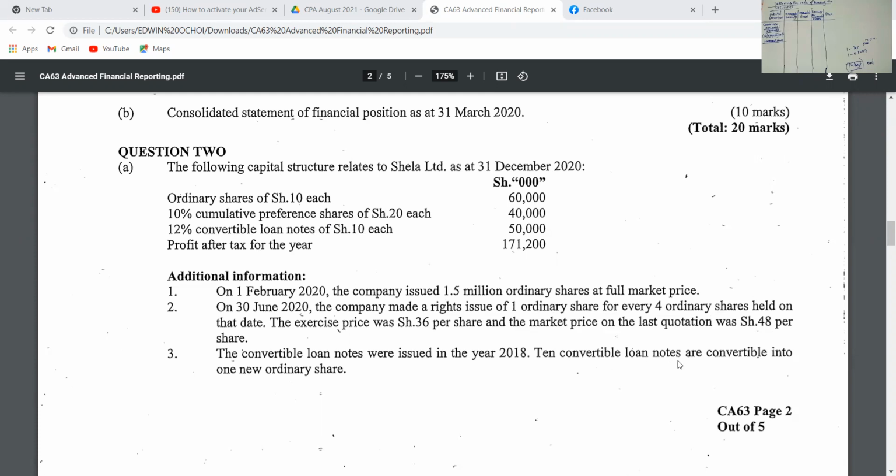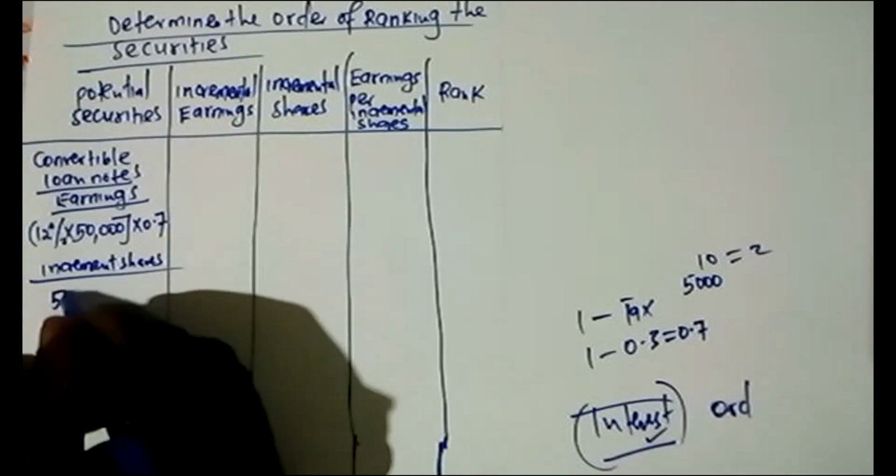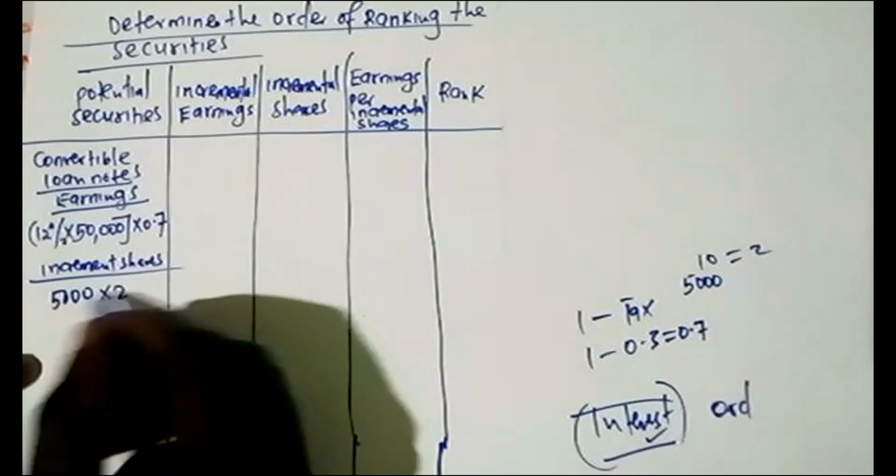That is 10 convertible loan notes are convertible into 2 new ordinary shares. If they had said, for example, shillings 10 convertible loan notes, that is when I could have used the total value of 50,000. But here they say just 10 convertible loan notes, they never said shillings 10 convertible loan notes. That is why I am reducing the 50,000 to 5,000. So which means that this one will be 5,000 times 2 over 10.